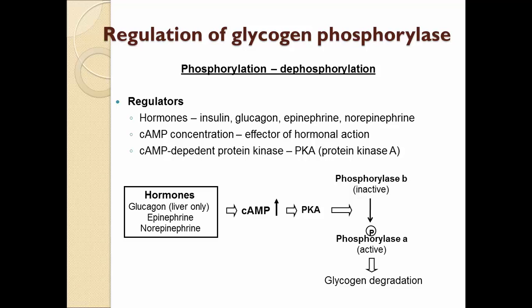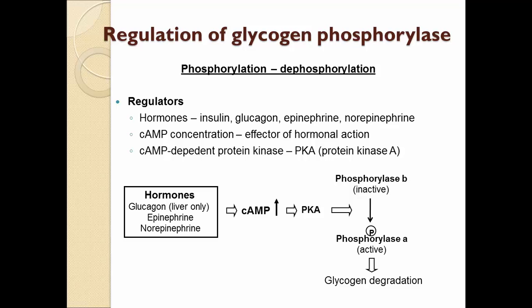Okay, so I think we already talked about how the cyclic AMP level is controlled by different hormones and regulates the phosphorylase, right? Here I just want to add one more layer: how the phosphorylation and dephosphorylation of glycogen phosphorylase is regulated by cyclic AMP.